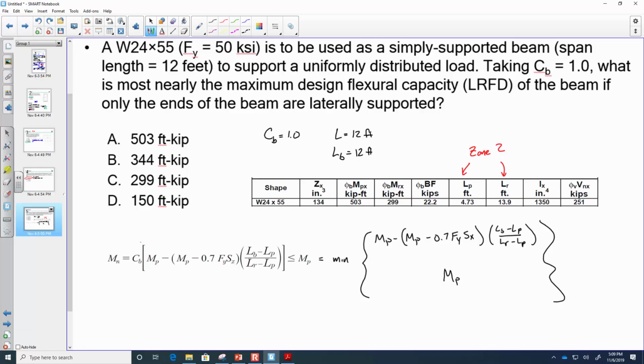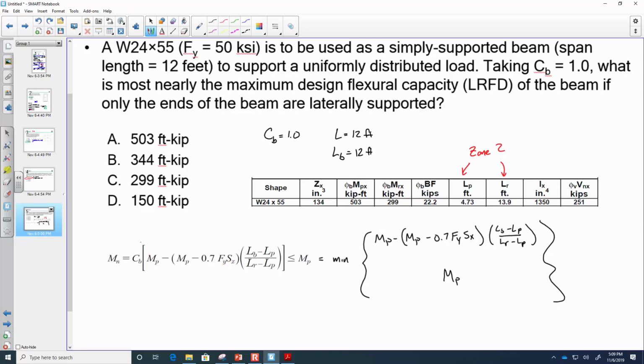Okay? So let's take this equation. What don't I know right now? I've got LB, I've got LP, I've got LR, I've got FY. Let's start off with SX. Does anybody know what SX is for a W24 by 55? The beam factor, yes, but not the modified capacity using the beam factor.